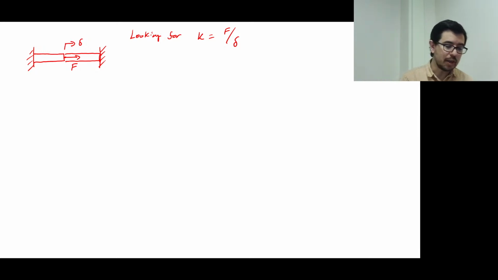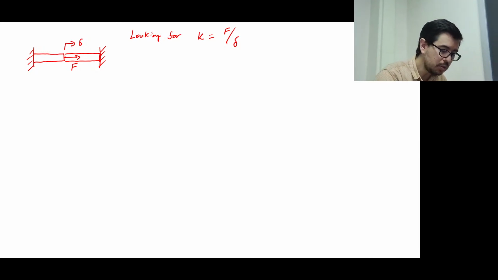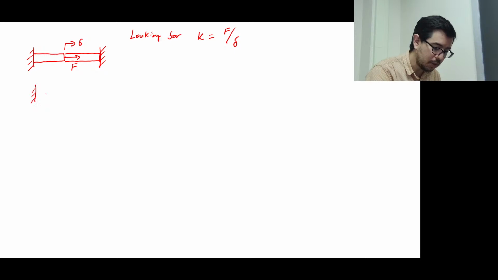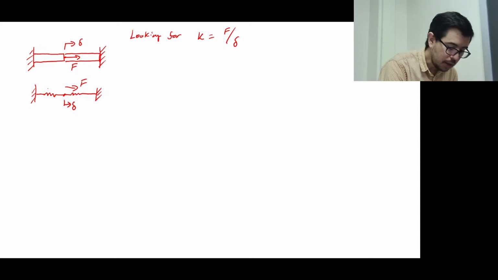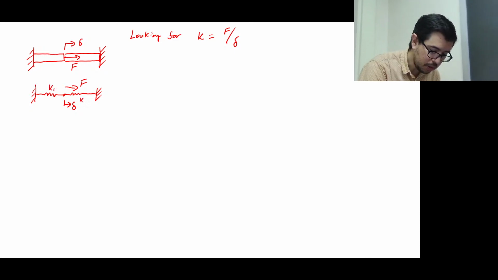But one trick is to think of this as a network of springs, like this. Let's call this K1 and we'll call this K2.